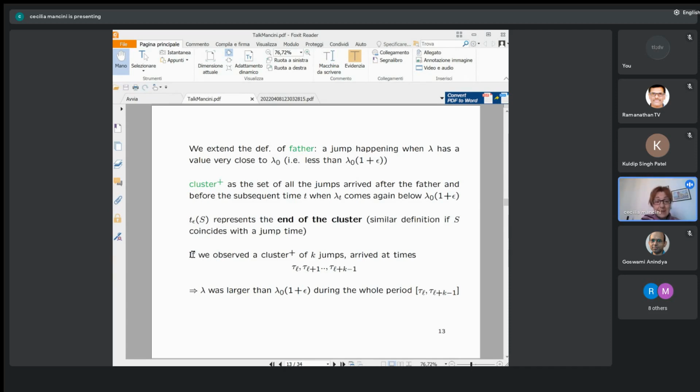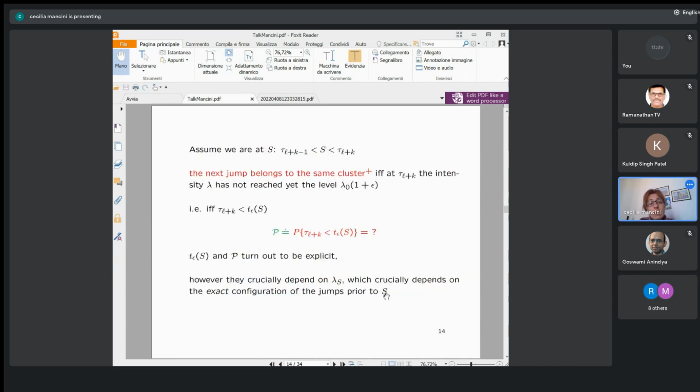So if we observe the cluster plus of k jumps, for instance, we can name their jump time arrivals tau L plus 1, up to tau L plus k minus 1. By definition of cluster plus, lambda was above this level during the whole period from this to this time, okay?